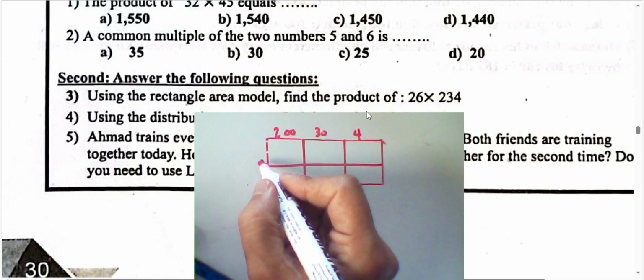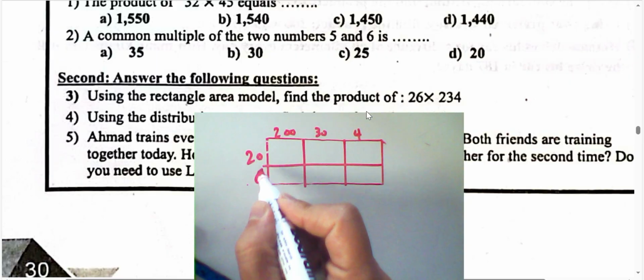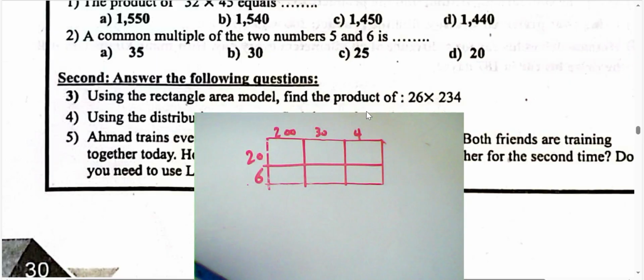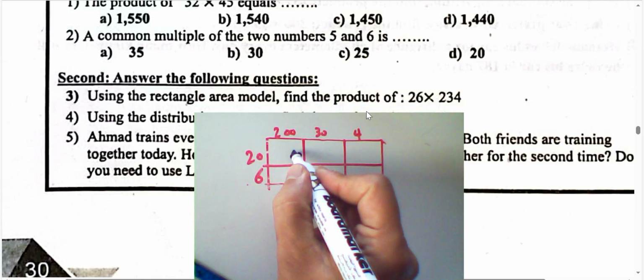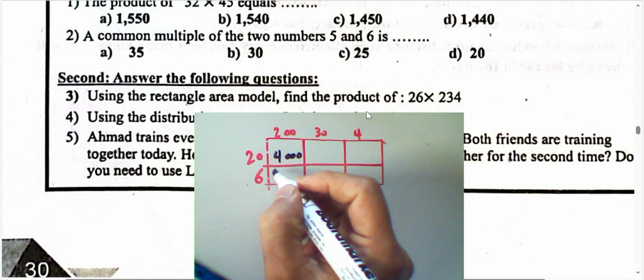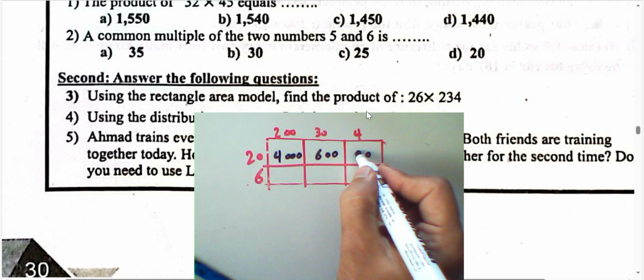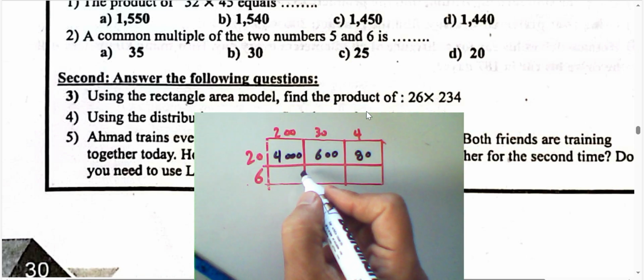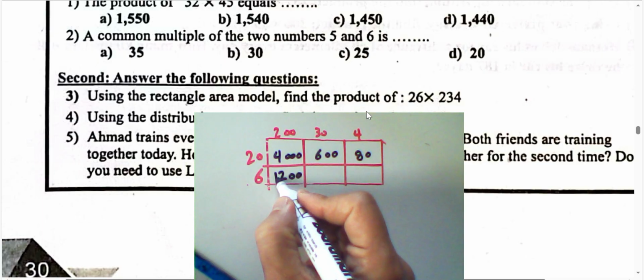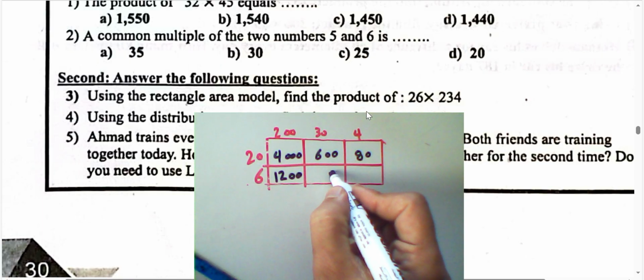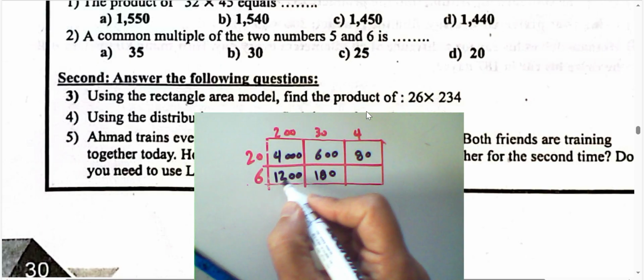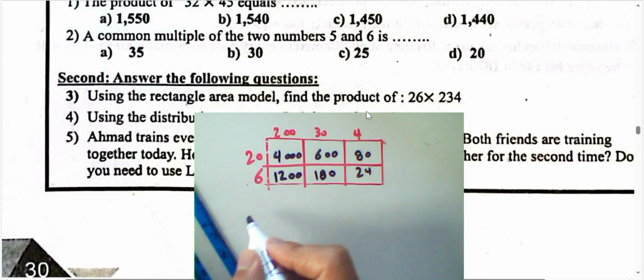And 26, right? 20 plus 6. 20 times 200, right? 3 zeros. 2 times 2, 4. 20 times 30, right? Double 0, 2 times 3, 6. 20 times 4 is 0, 2 times 4, 8. 6 times 200, right? Double 0, 2 times 6, 12. 6 times 30, right? 0, 3 times 6, 18. 6 times 4 equals 24.